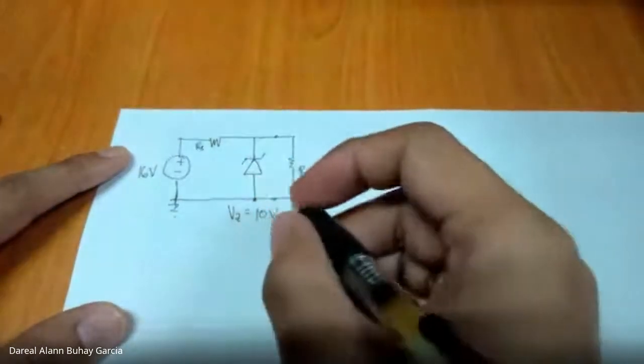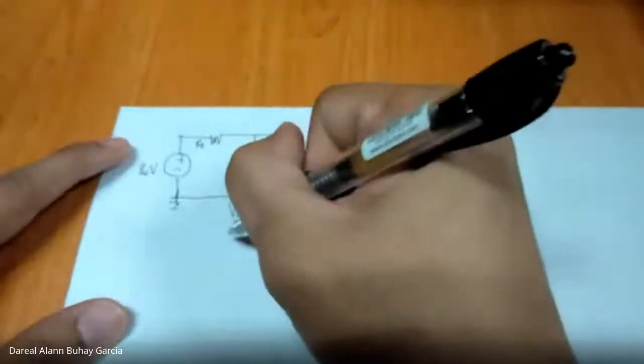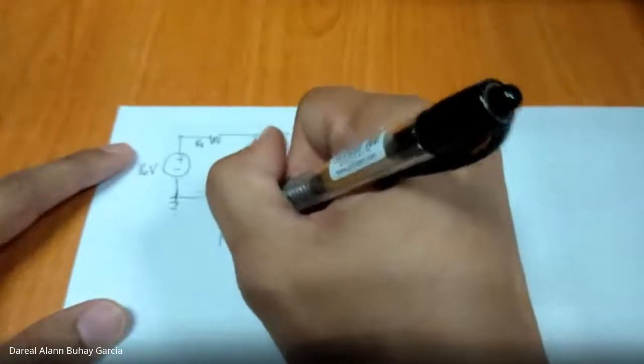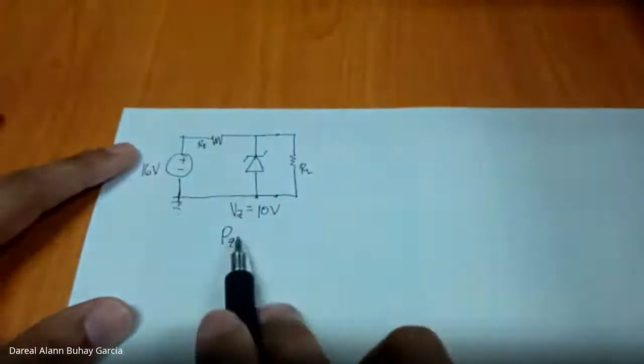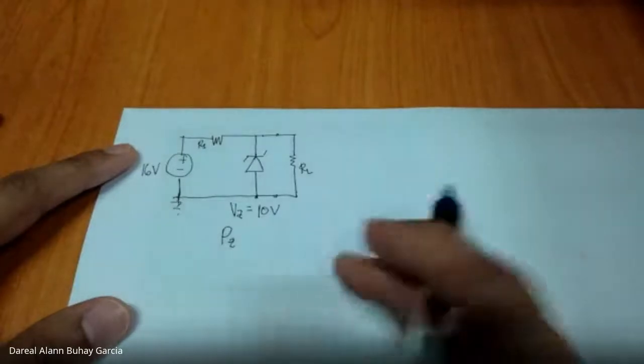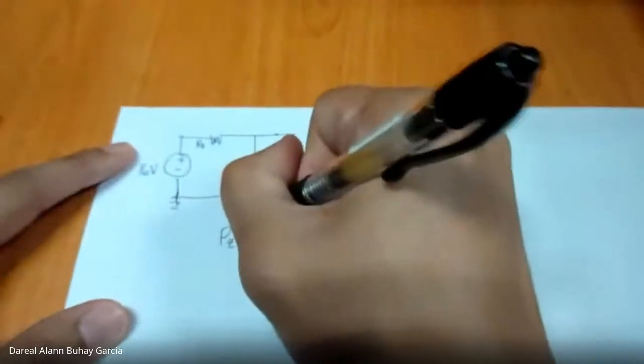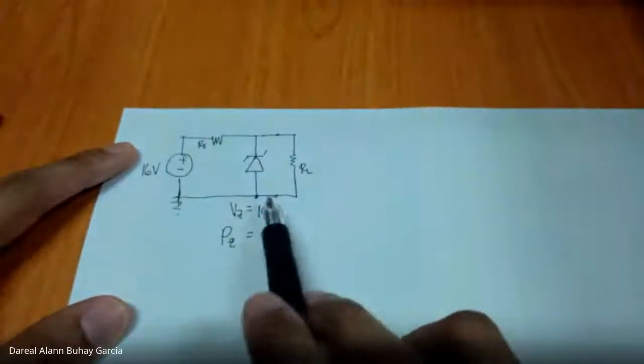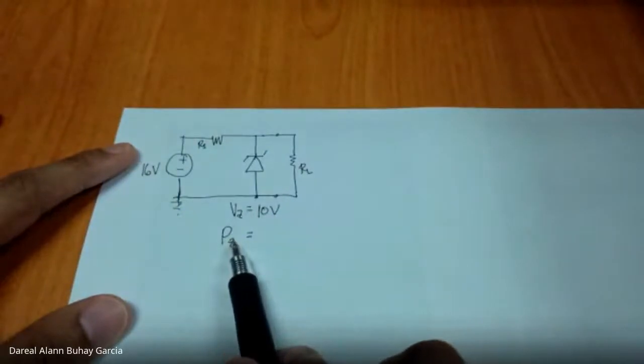So one specification of our Zener diode would be the power it dissipates, which we designate as PZ. Sometimes what is specified is a maximum power, sometimes a maximum current.